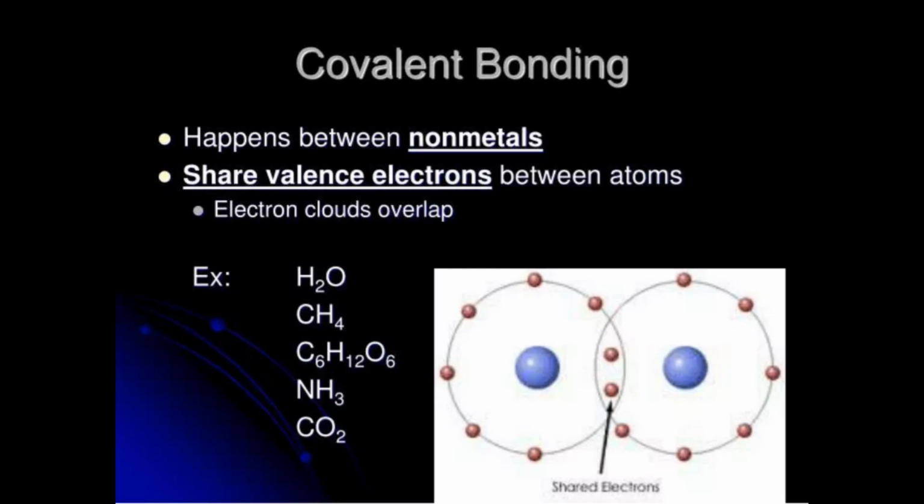When compared with ionic bonding, where electrons are transferred between metals and non-metals, in covalent bonding, electrons are shared between non-metals, and of course there is electron cloud overlap.